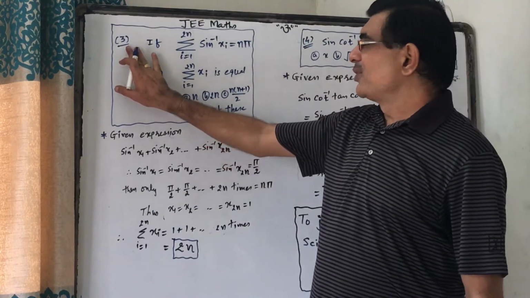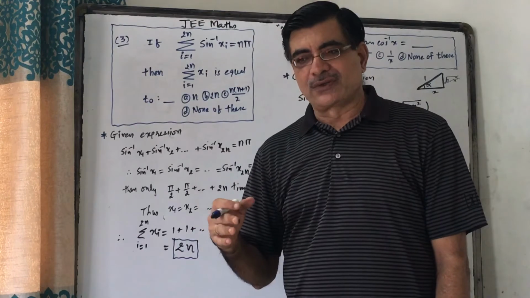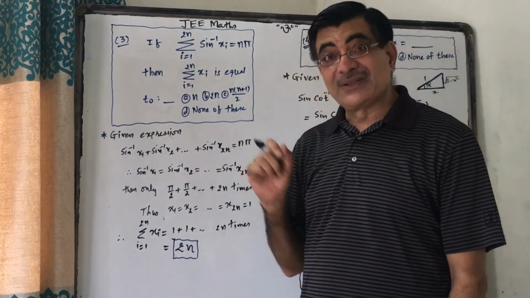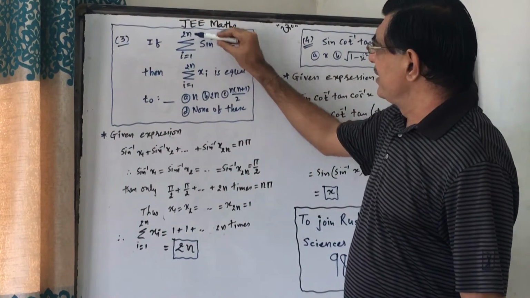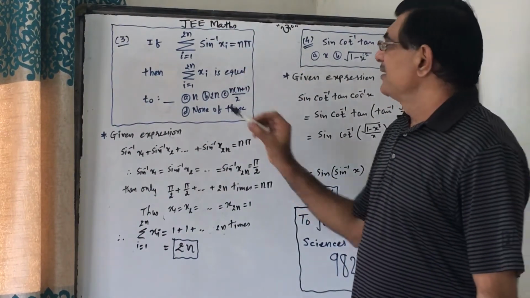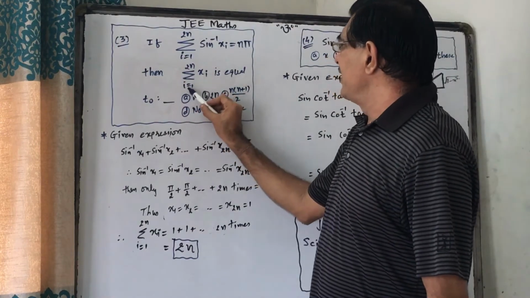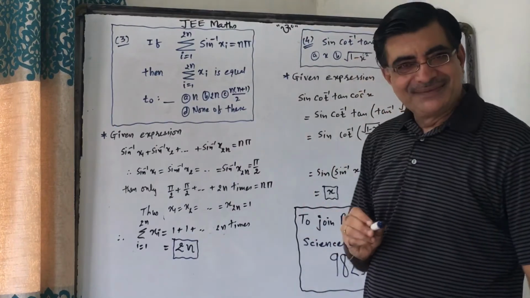This is the third problem of today. In earlier video we solved two problems. This is third. If sigma from i equals 1 to 2n of sin inverse of xi equals n pi, then sigma i equals 1 to 2n of xi is equal to, the choices are given.